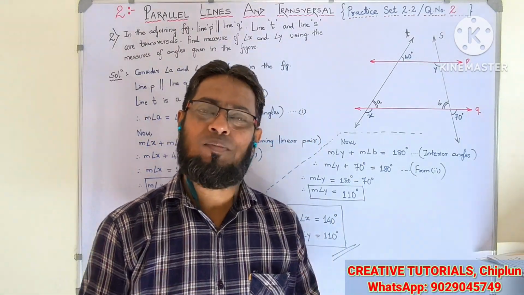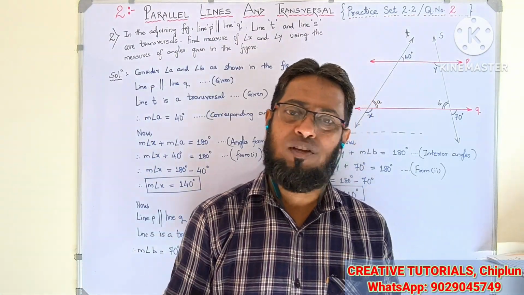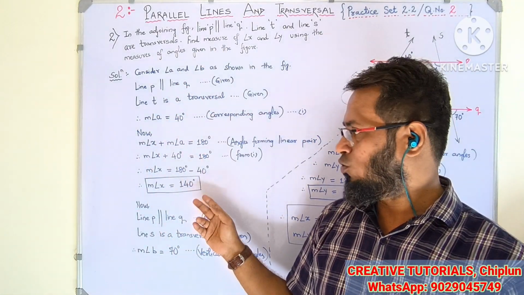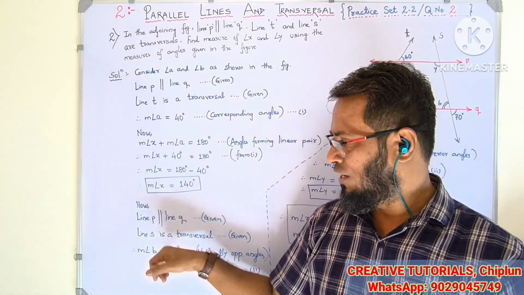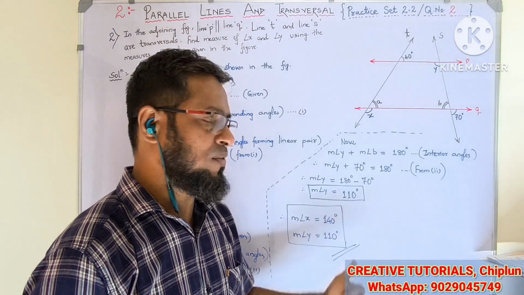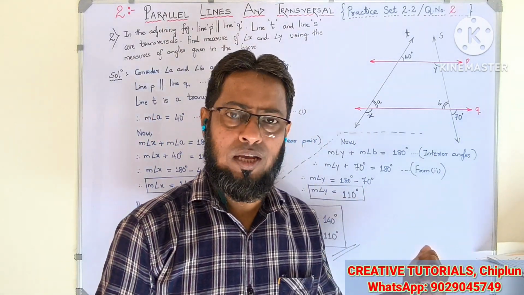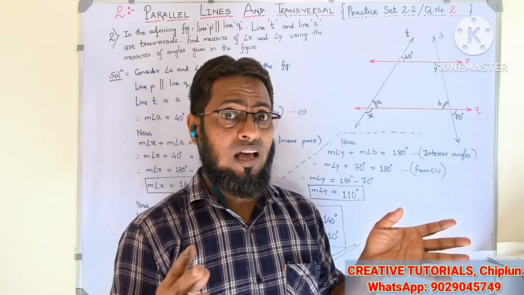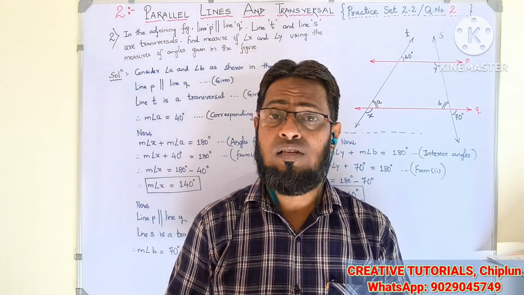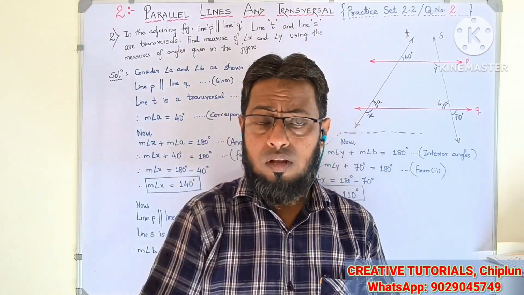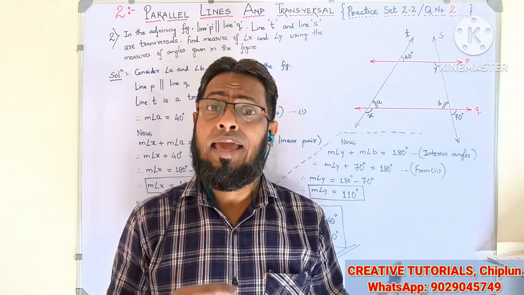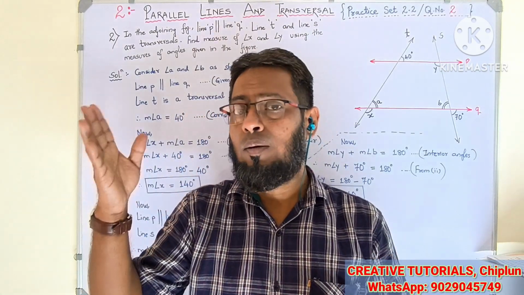Dear children, I hope that the solution was very easy and very well understood by each and everyone. In this part we had taken care of how to find the measure of angle X, and then we had started from here and ended up here to get the answer of measure angle Y as well. You had seen how useful it was to assume angles A and B. Those angles after assumption helped us in reaching our properties, right?